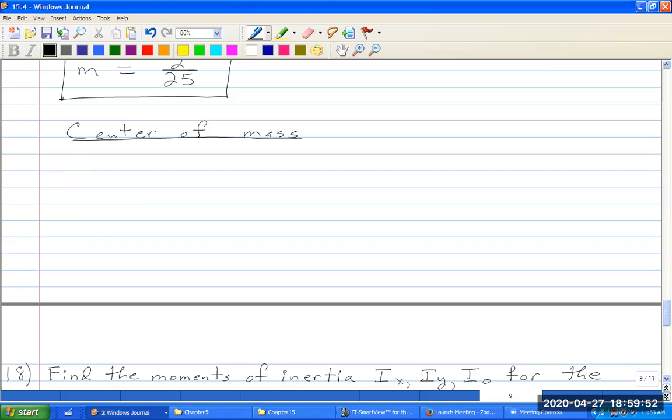So first, let's find the moments. Once I've found the moments, all I have to do is divide by the mass. So let's do the moment about the x-axis.